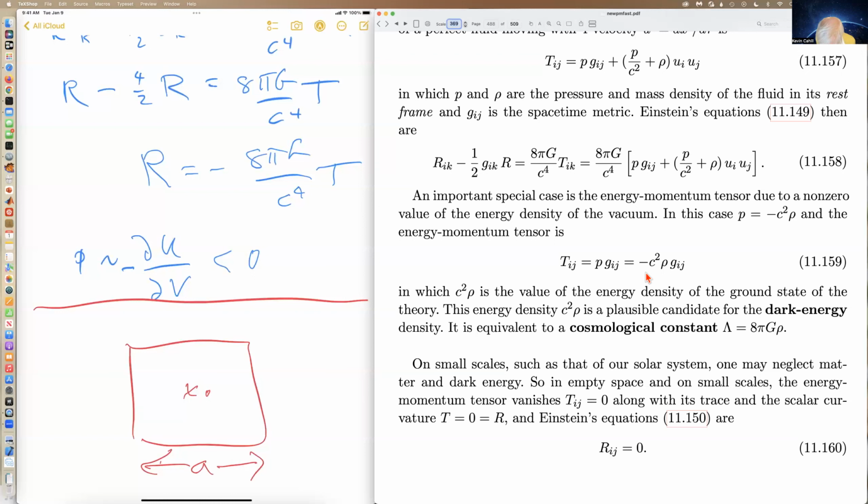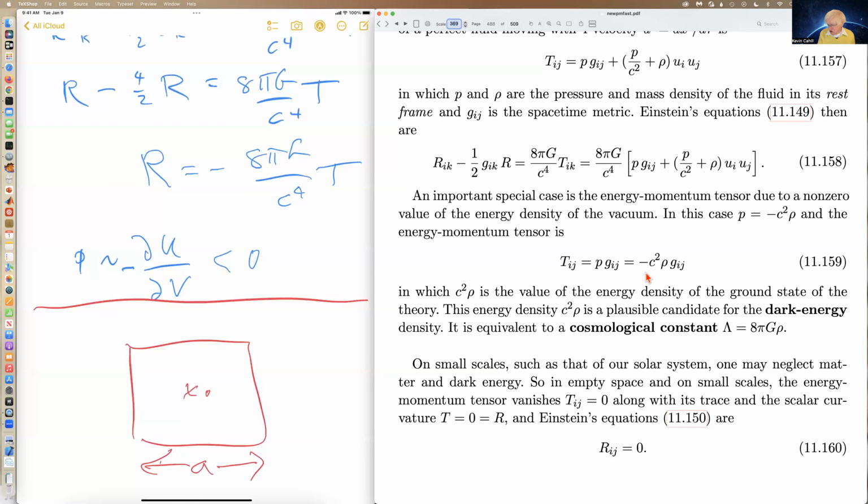But the presently commonly accepted, most popular theory of what goes on at or before the Big Bang is a period of inflation.